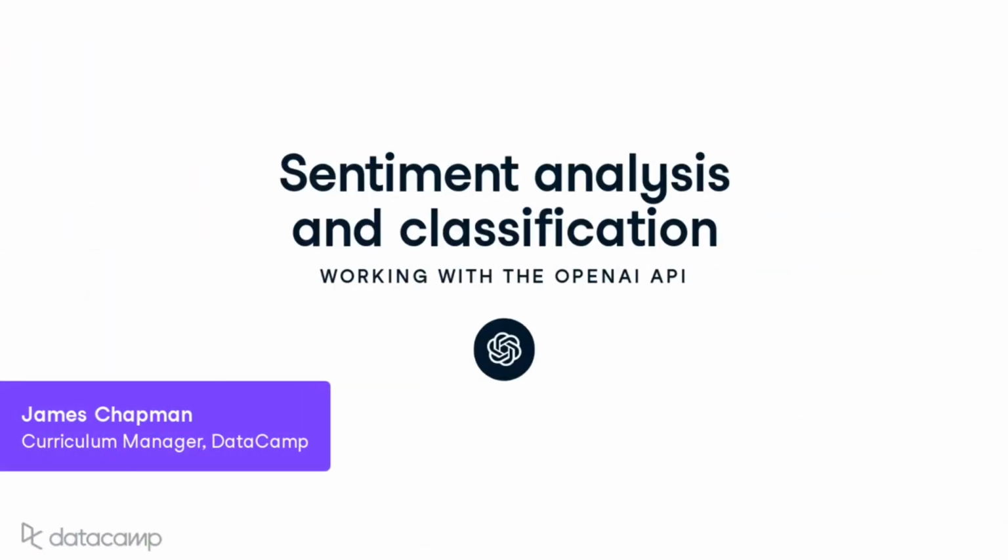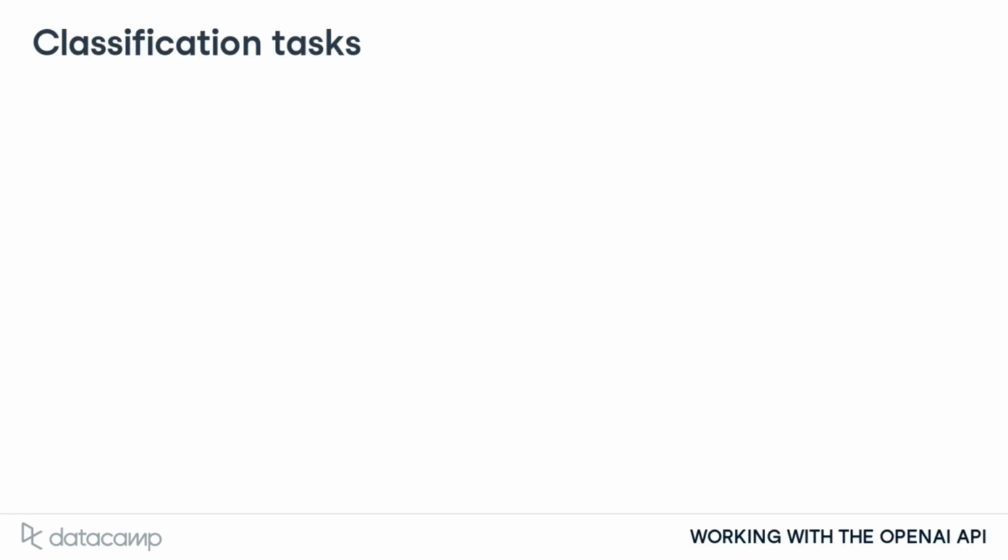So we've seen that OpenAI's models are pretty flexible and can do much more than answer questions. In this video, we'll take this a step further to discuss classification tasks. Classification tasks involve assigning a label to a piece of information.